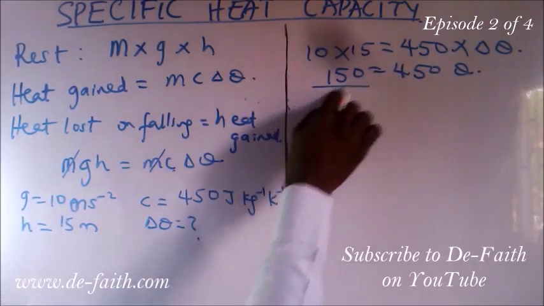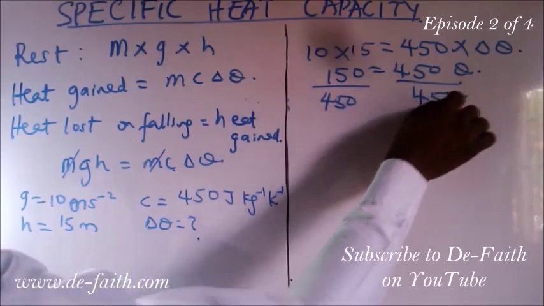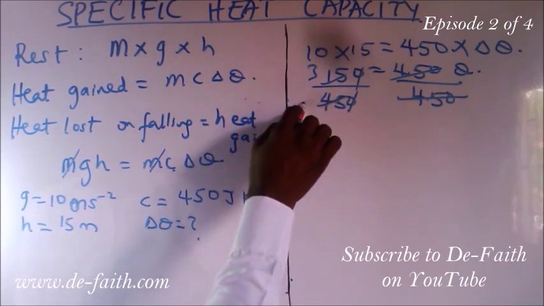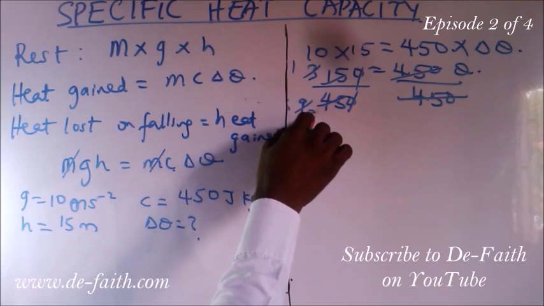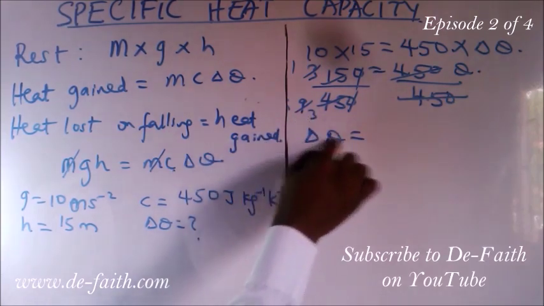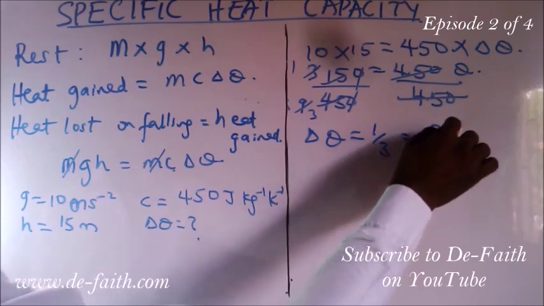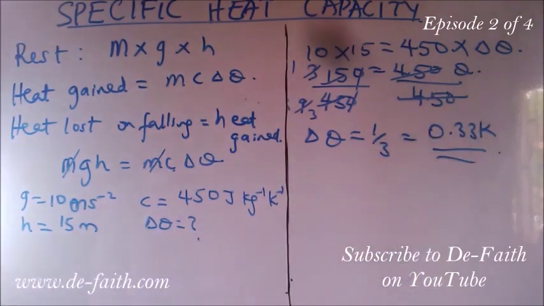We divide both sides by 450. The change in temperature is 1/3, which is the same thing as 0.33 Kelvin. This is the temperature change of the body which fell from rest.